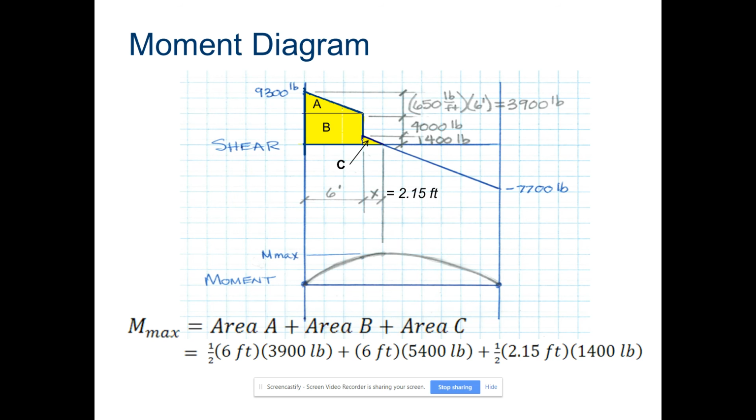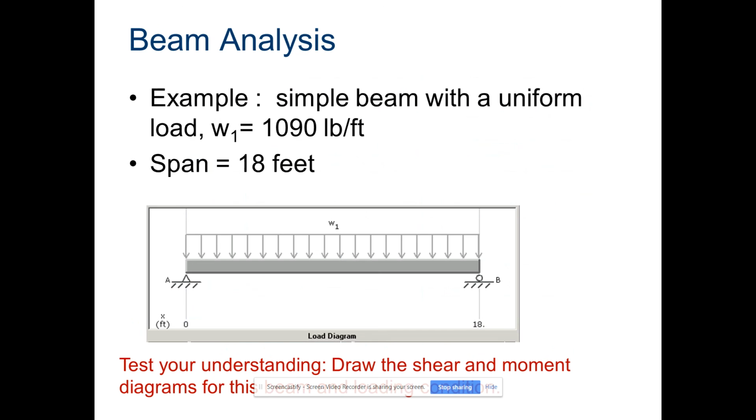Remember, it's a triangle, plus area B, which is 6 foot times 5,400. That's that 4,000 and 1,400 pounds added together, plus area C, another triangle, 1/2 times 2.15 foot times 1,400 pounds, equals, same thing, 45,605 foot-pounds.